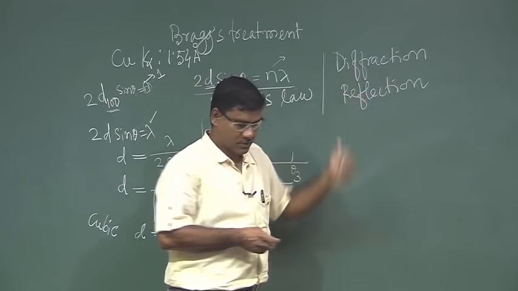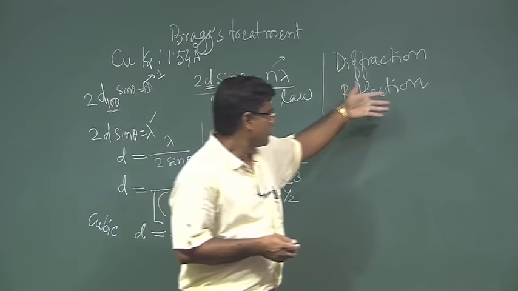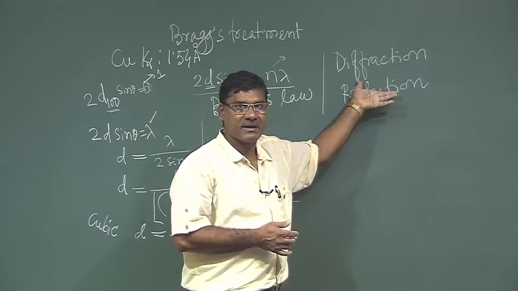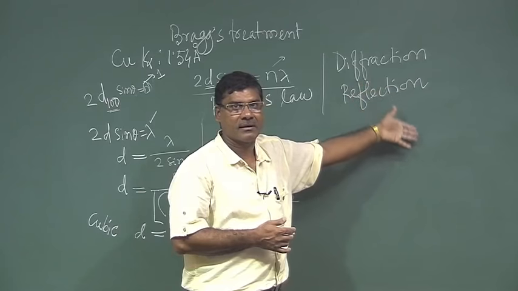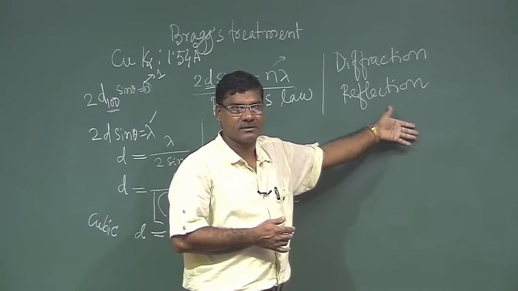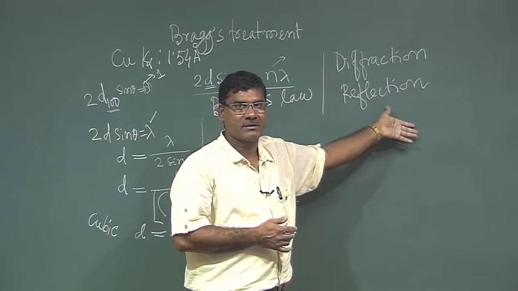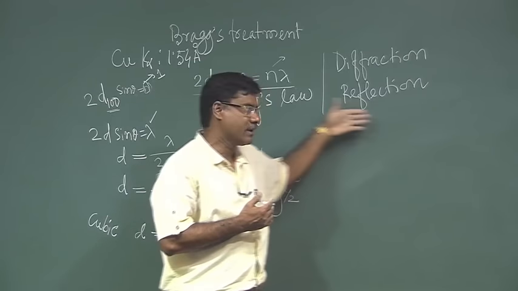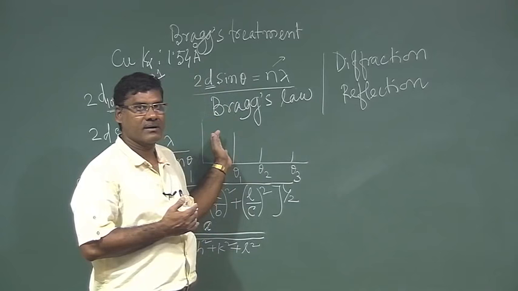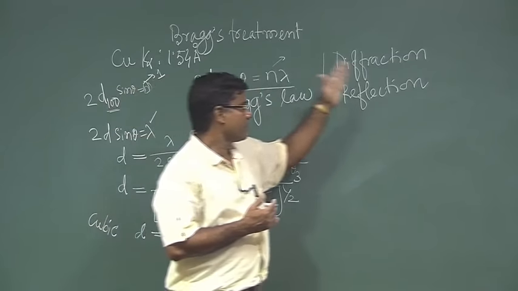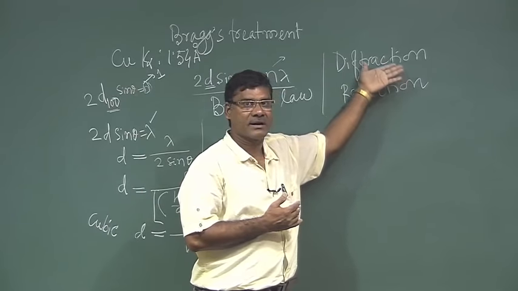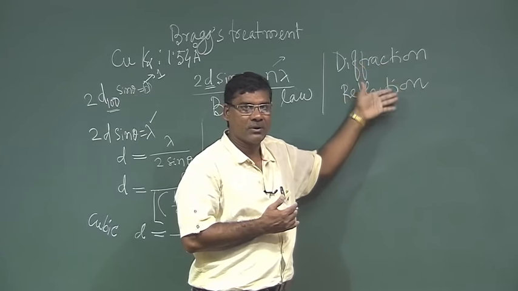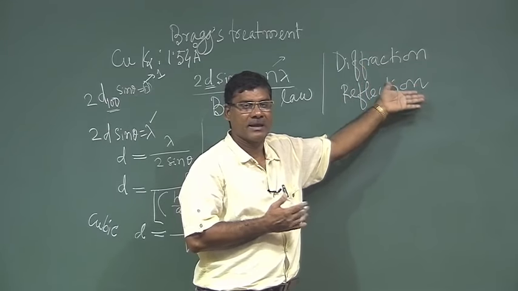Okay. So, why is it basically diffraction, but called reflection? As I mentioned, they have considered the constructive interference only, where we will get the peaks, and those diffracted rays which follow the reflection rule and interfere constructively.